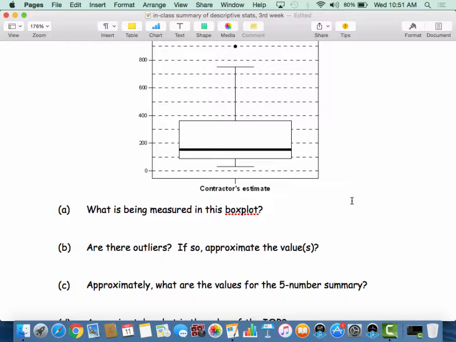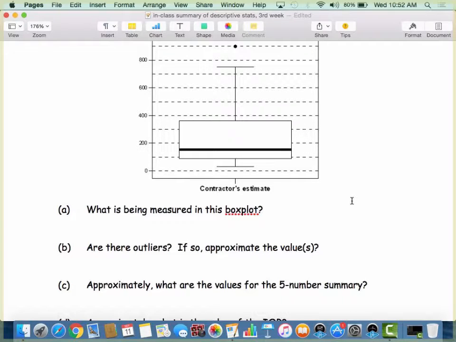The box plot represents their estimates of the number of work days required to complete the job. So know what that data represents. That's our variable of interest. Okay, there's some vocabulary there. Variable of interest. Okay, so question A, what is being measured?